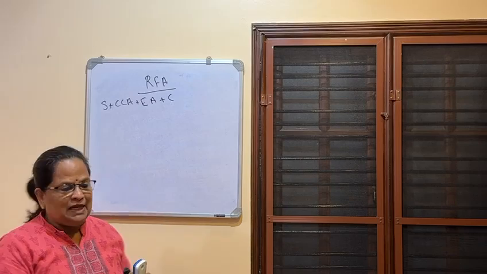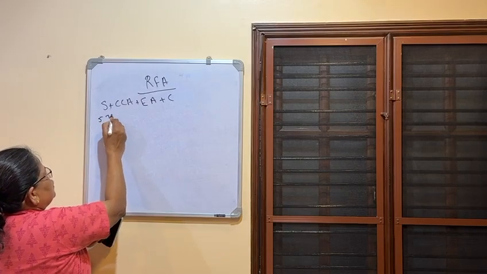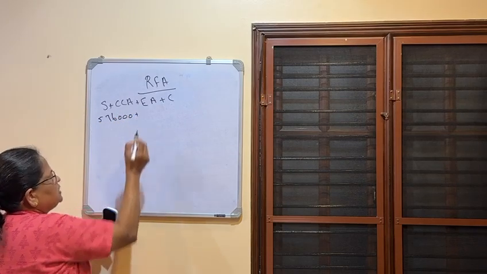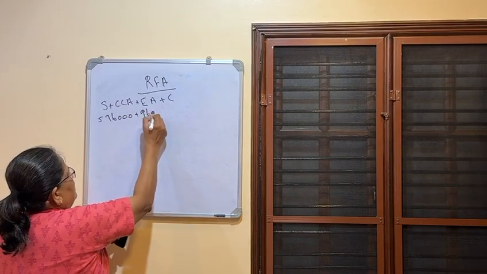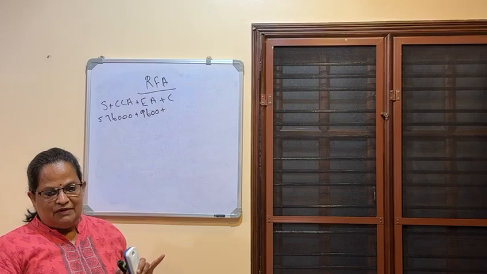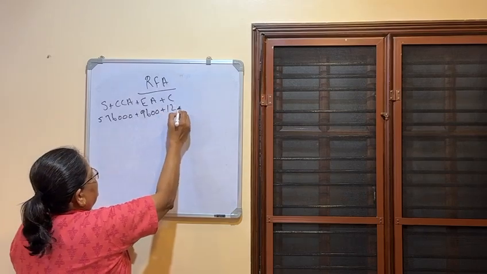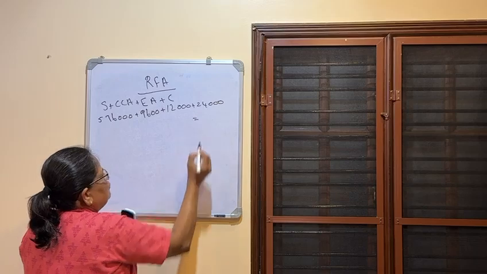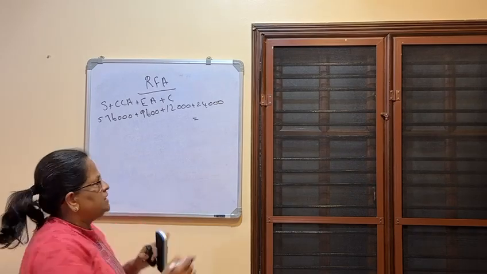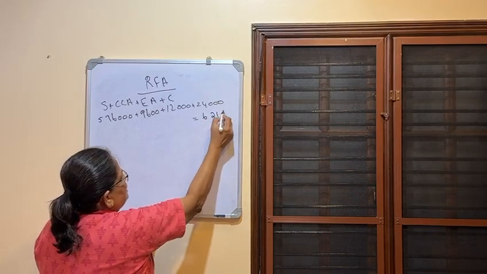Substituting the values, you will get 5,76,000 plus city compensatory allowance 9,600 plus entertainment allowance taxable 12,000 plus commission 24,000. So the salary for computation of RFA is 6,21,600.